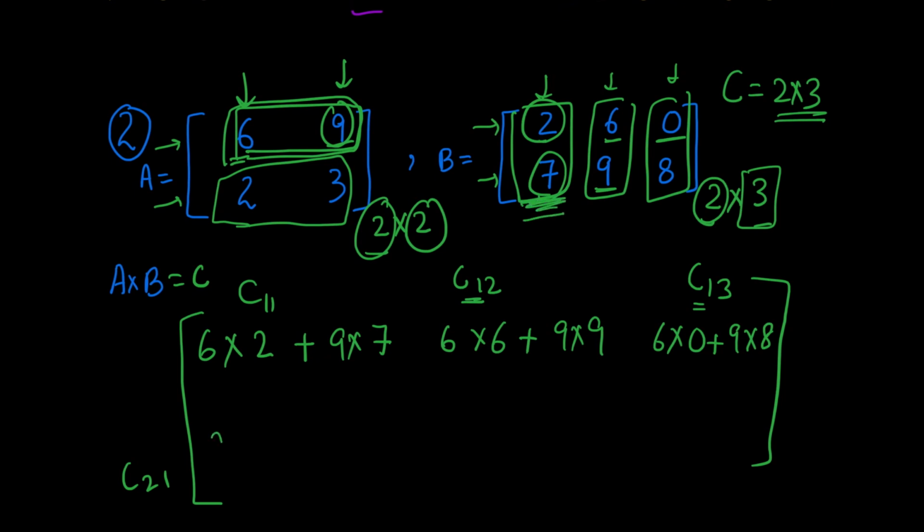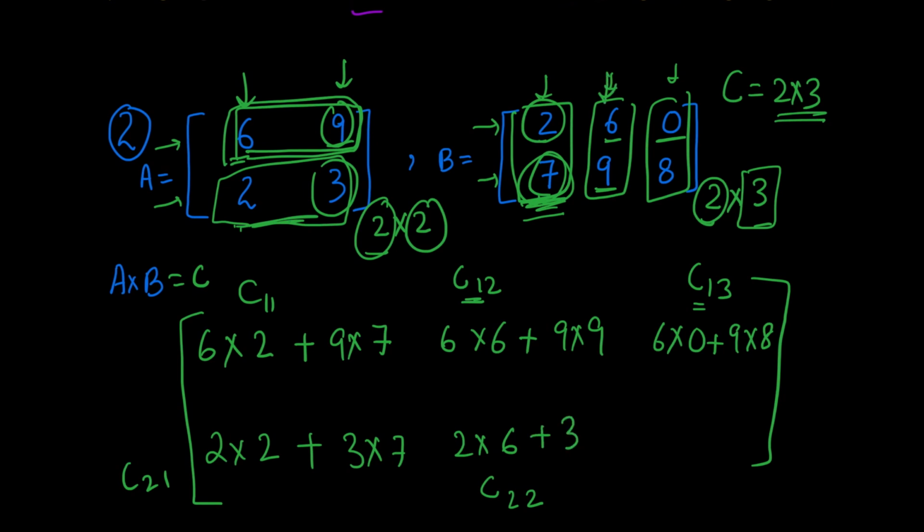So it becomes 2 times 2 plus 3 times, what is this element? 7. Okay. Then coming to second row and second column. So again second row is 2, 3. So 2 times 6. 6 is the element for the second column, plus 3 times 9.